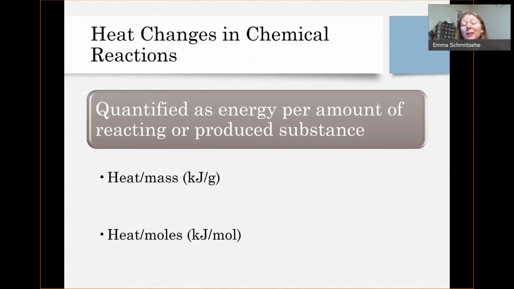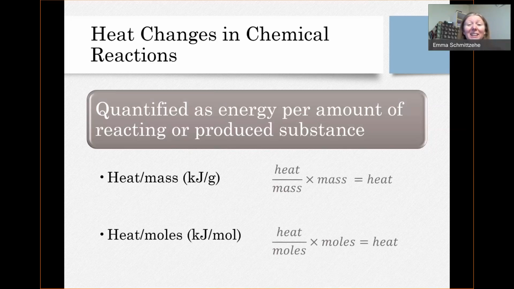If you're performing the same reaction, but you're not using a gram, or you're not using 1 mole, you're using some other amount, then all you have to do is take that value and multiply it by the number of grams or the number of moles to get the actual heat associated with your reaction, okay?